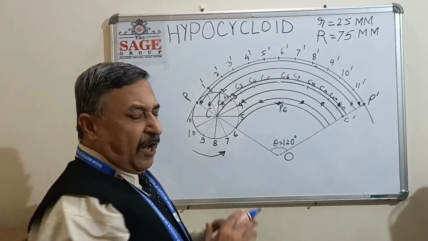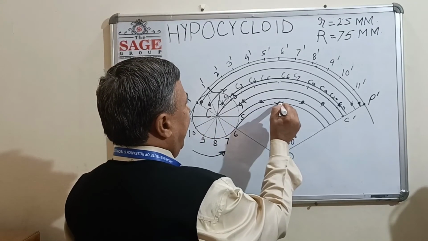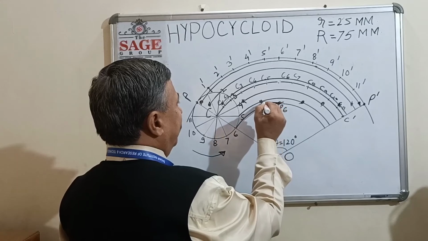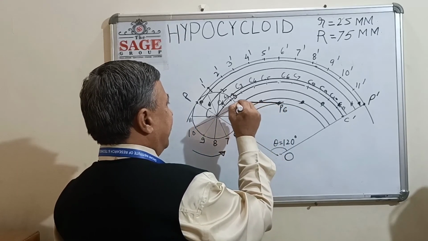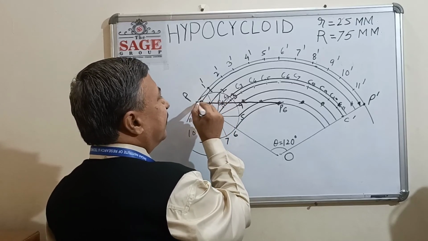Okay. Now I am going to join these points. See here, you can start from anywhere. This is a curve.